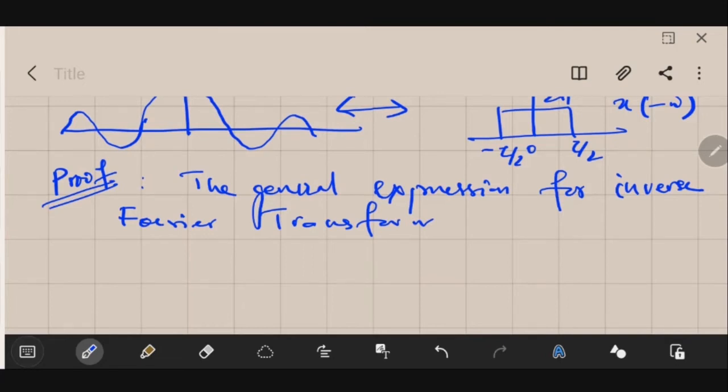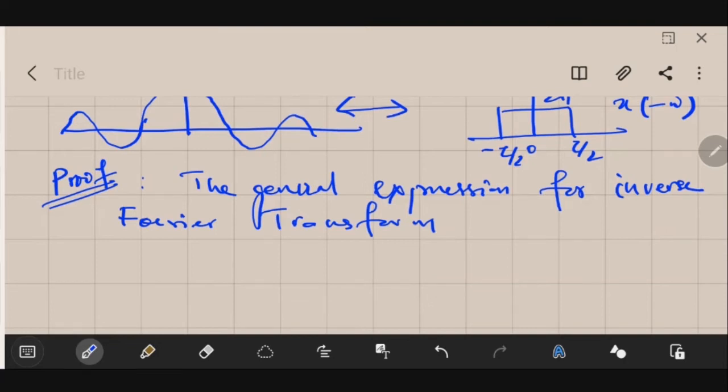Any one of you? Anyone? Please. Srijani, are you there? Yes, sir. Could you tell me the general expression for inverse Fourier transform? I think we have learned it in the previous class.